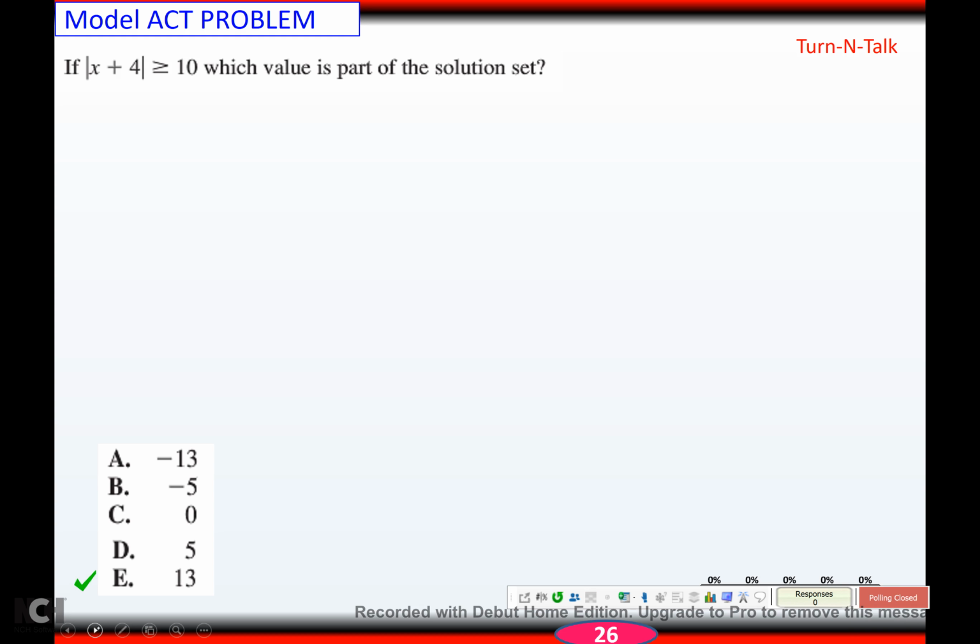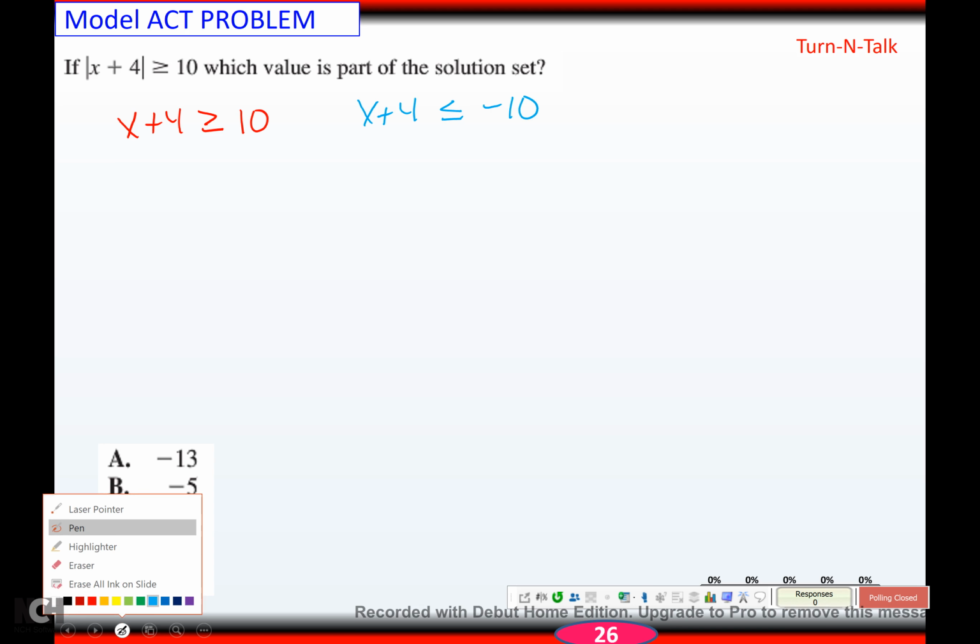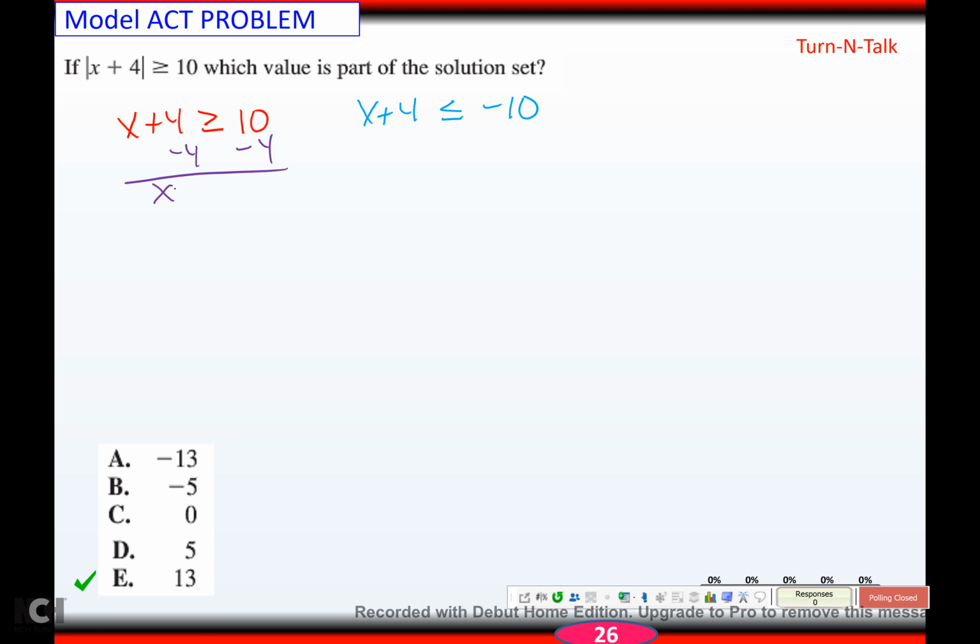Hopefully you got E. Alright, drop the bars. Drop the inequality. Keep the sign the same. Drop the bars. Flip the inequality. And change the sign on the other side. Solving them both. I'm going to minus 4, I get x is greater than or equal to 6.